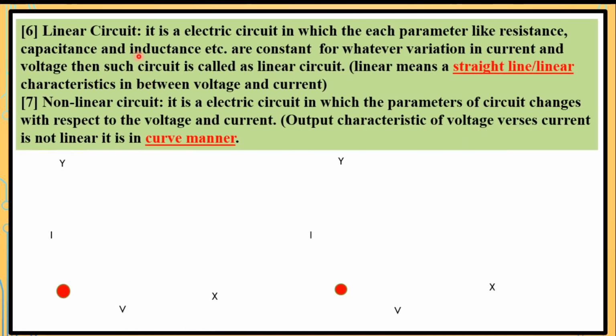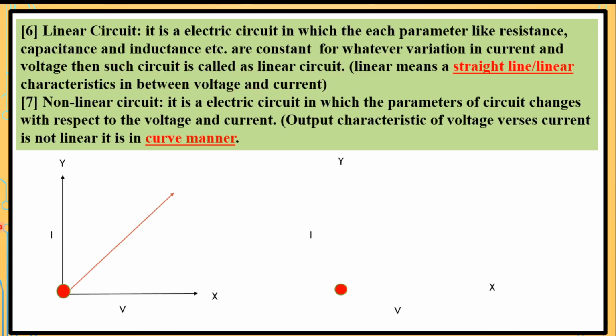Now we will discuss the sixth point, that is the linear circuit. It is an electric circuit in which each parameter, like resistance, capacitance, inductance, etc., is constant for whatever variation in current and voltage. Such a circuit is called a linear circuit. Linear means a straight line, a linear characteristic between voltage and current.